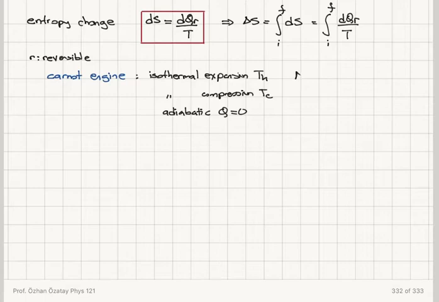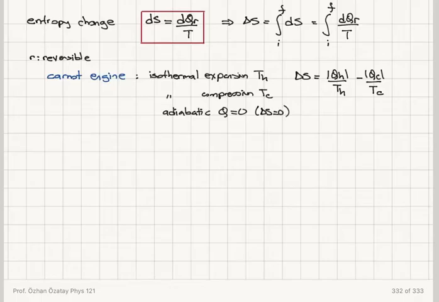So the total entropy change will be equal to the heat absorbed at high temperature, QH over TH, plus the heat absorbed, which is minus QC, divided by temperature Tc. This is the entropy change of the cycle because there is no contribution from the adiabatic processes.